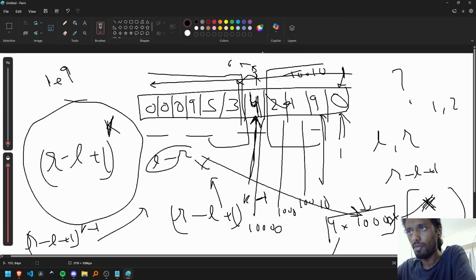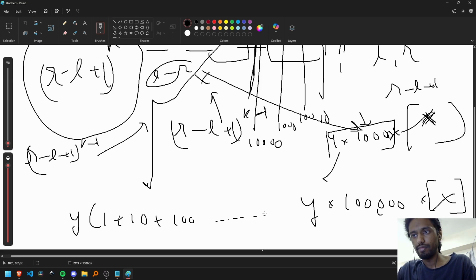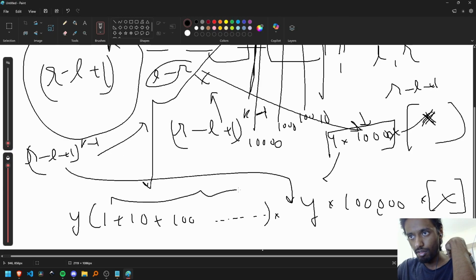So a digit y would contribute 1 first, then 10 for the next place, then 100, and so on, and this contribution goes into all of our x numbers. Now we can observe this as a GP, a geometric progression, where a is our first term, which is 1, and r is our common ratio, which is 10. And we have, let's say, k terms.